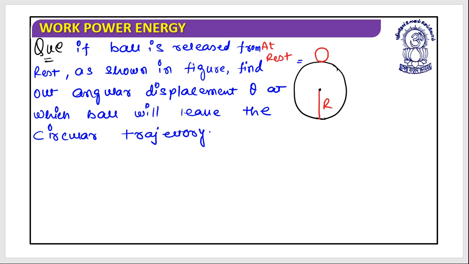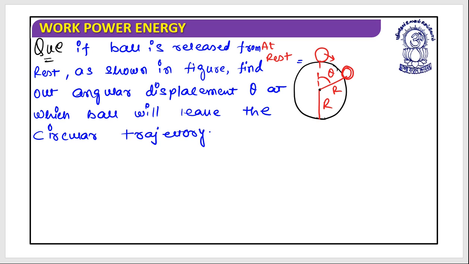How will you do this? First understand what the situation will be, that it is moving in this direction, and let's suppose this is the situation, this is the angle. So if I draw a reference line, this is the reference, again this is the radius r, this is the angle theta at which it is going to leave the trajectory. I hope this is clear.